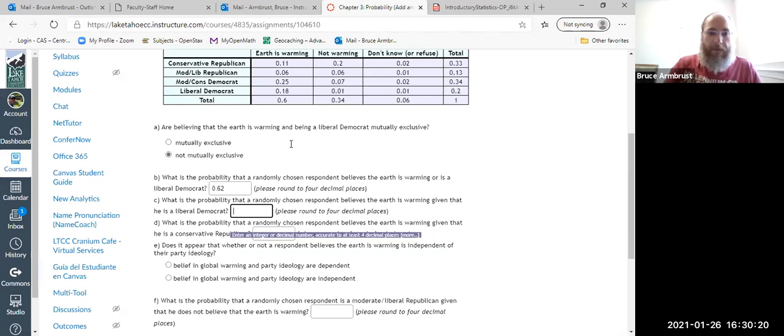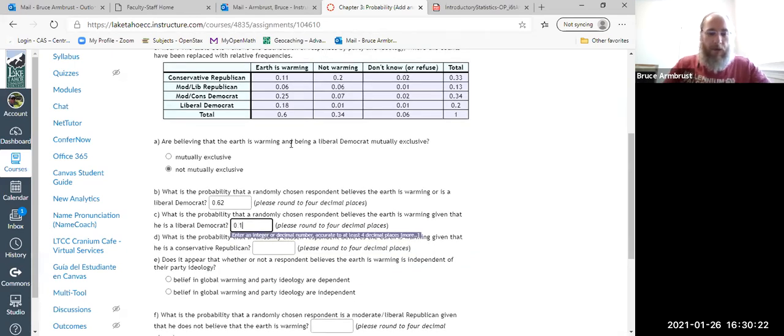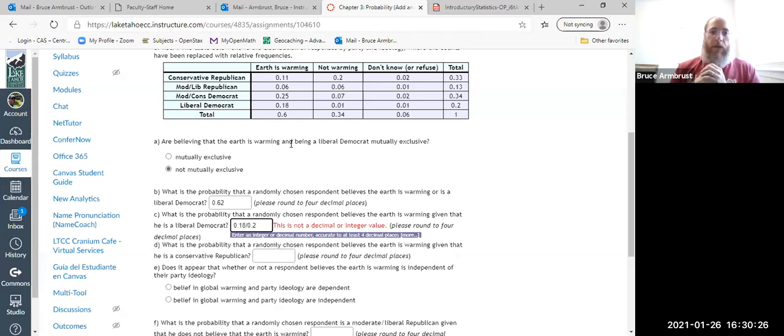So I'm just going to type this in here as a division so you can see what it's going to look like. I'll actually put in the real number in a minute, but it's going to be 0.18 out of 0.2 because we're only in the liberal Democrat row.